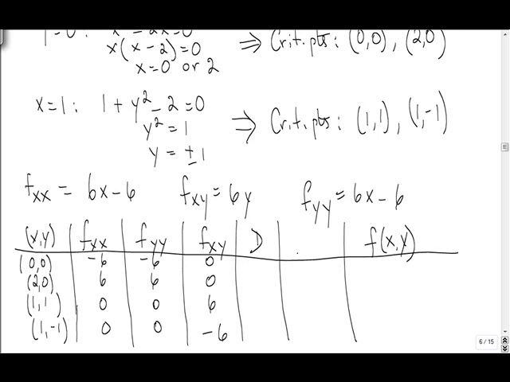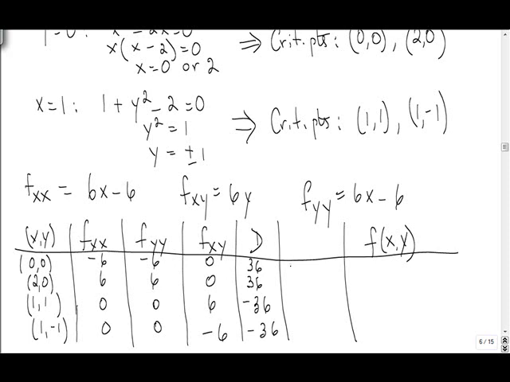Now let's find D. These two product minus this one squared. So this is negative 36. Continue. 36. Continue. Minus 36 is this squared. Last one, minus 36. Okay. The first one, what is it?